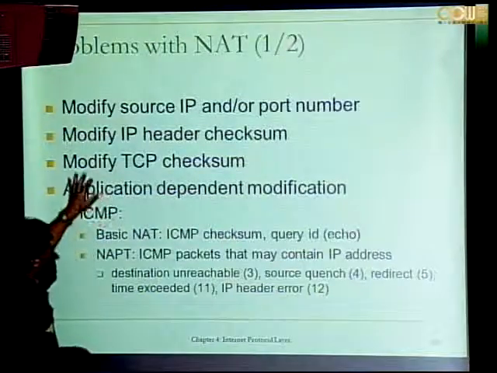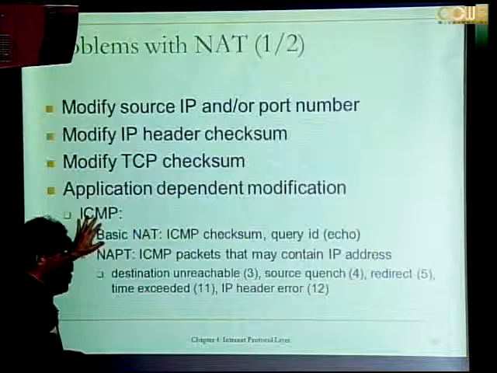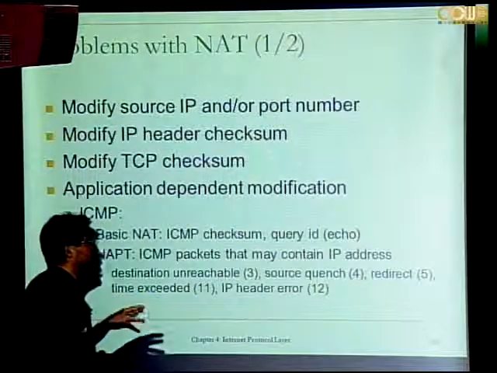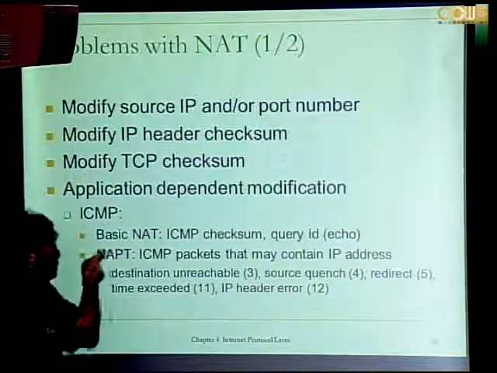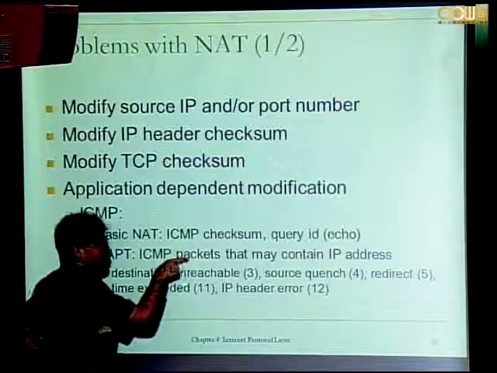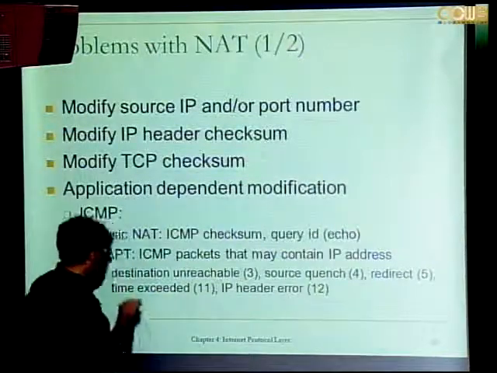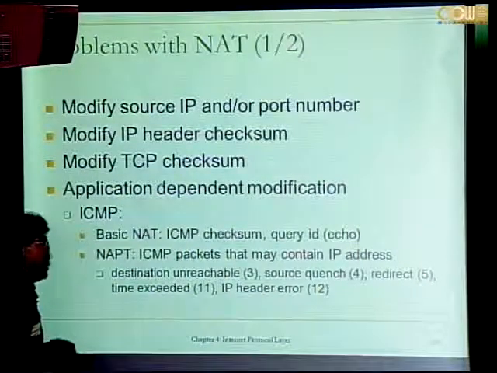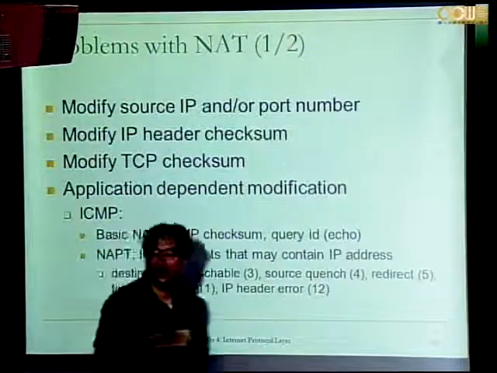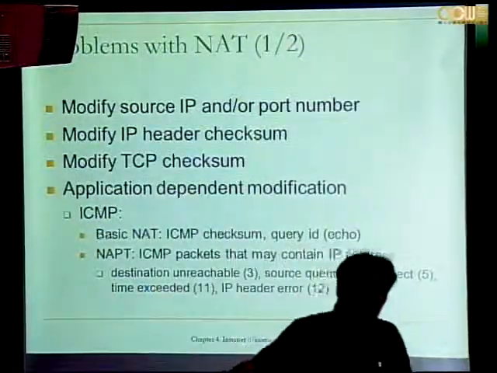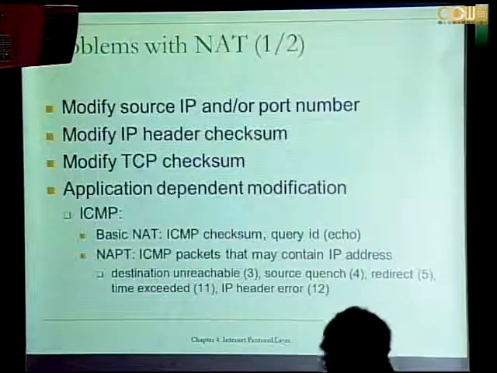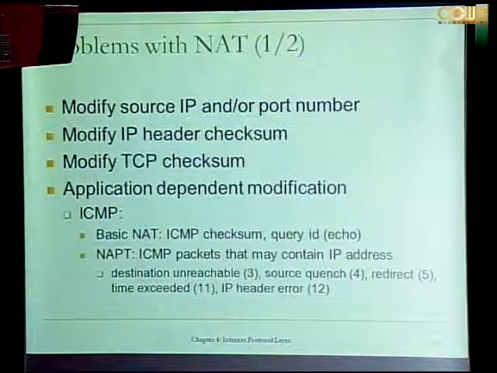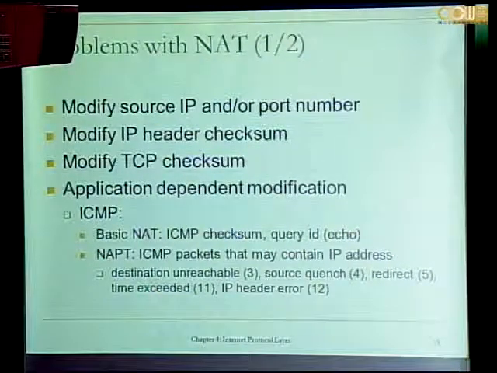And beyond that, if a protocol message contains IP address or port number, you need to dig in to modify, to translate them. ICMP, as an example, some ICMP packets will contain IP address. For example, destination unreachable, we will see this ICMP message. This message contains the IP address. So you need to go inside, dig in the message, and then translate the IP address there, even though it is not in the IP header.